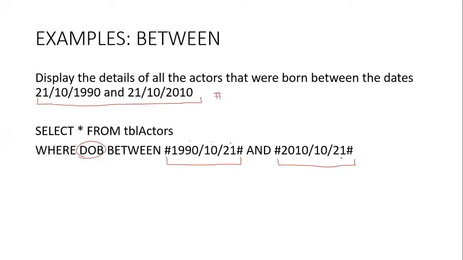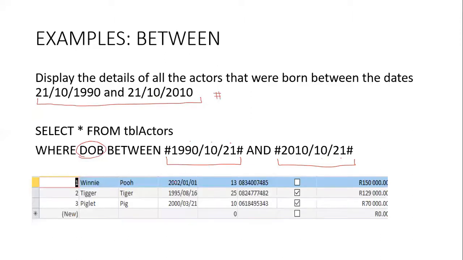So this is how you would use the between operator when working with dates. And if you look at all those dates of birth that are within that range, this is what you would have within the range 1990 to 2010.